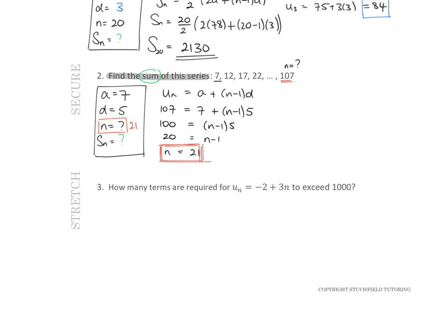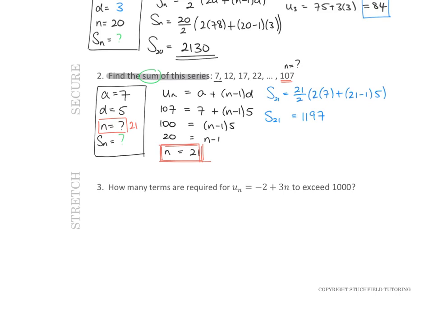Because now what I can do is find my sum. Now we have two options. The first one, so sum of the first 21 terms, too many brackets there. So S21 equals 1197.